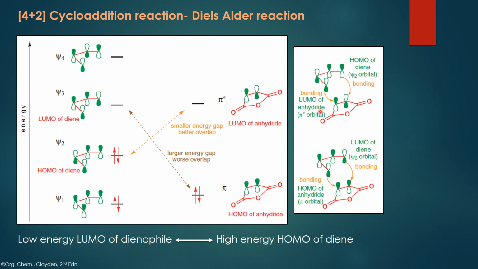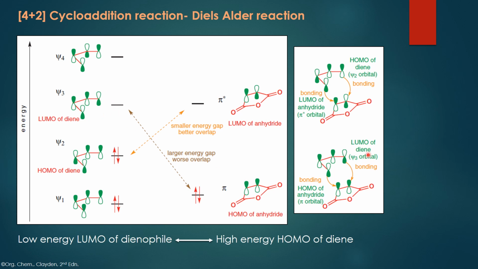In the first case shown here, the LUMO of the anhydride interacts with the HOMO of the diene. We can see that both are in phase interaction, of course, and positive. So this is allowed. And what happens when the HOMO of the anhydride interacts with the LUMO of the diene? In any way it can take place.